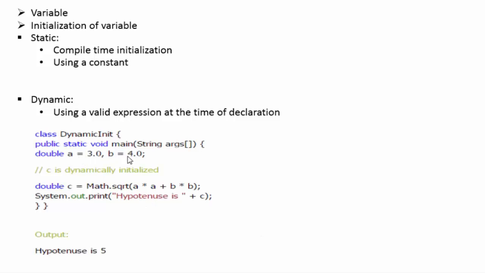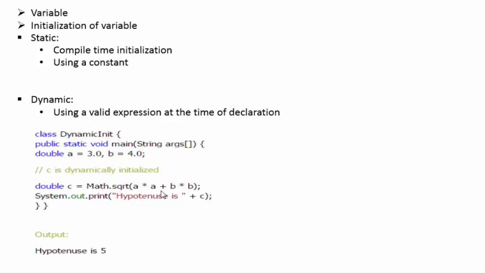Here A, B and C are the three local variables since they are declared inside a method. So A and B are initialized statically because A and B are initialized with constants, while C is initialized dynamically because it is assigned a valid expression when it is declared.